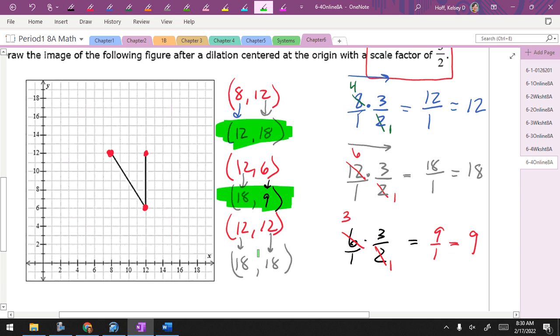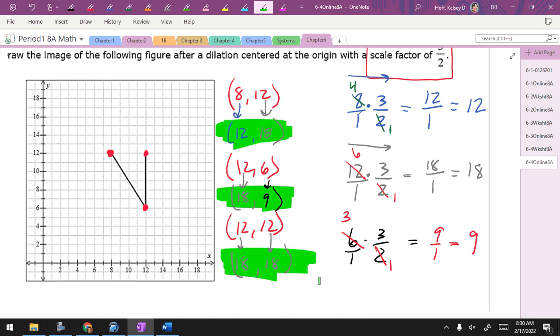So I now have 3 new points. Plot those points on your graph. Plot those 3 points on your graph now.